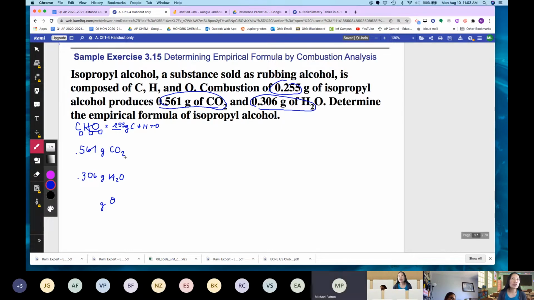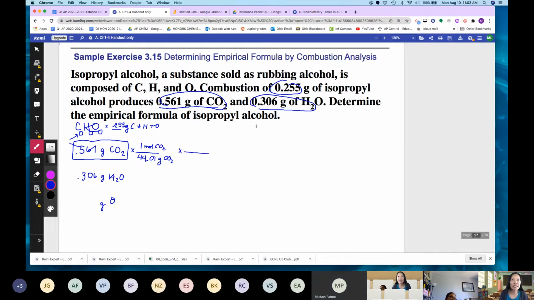So my goal is to find the moles of carbon. I'm going to use this to get carbon out of it. To do that, I'm going to convert this to moles. 44.01 grams of CO2 is 1 mole of CO2. I don't care about CO2, I care about carbon.